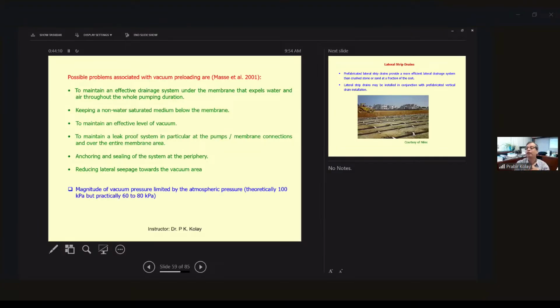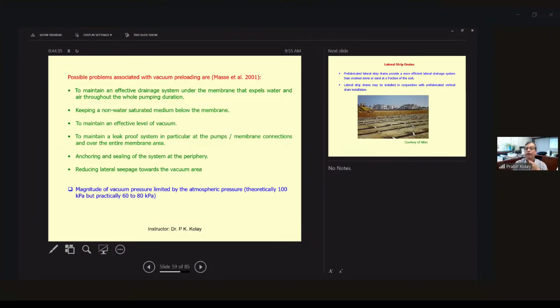And the problems associated with vacuum preloading, obviously every method has some advantages and disadvantages. To maintain the effective draining system under the membrane that expels water and air throughout the whole pumping duration is difficult. Keeping a non-water saturated medium below the membrane is also difficult. Maintaining an effective level of vacuum. So again, you need to be properly sealed.